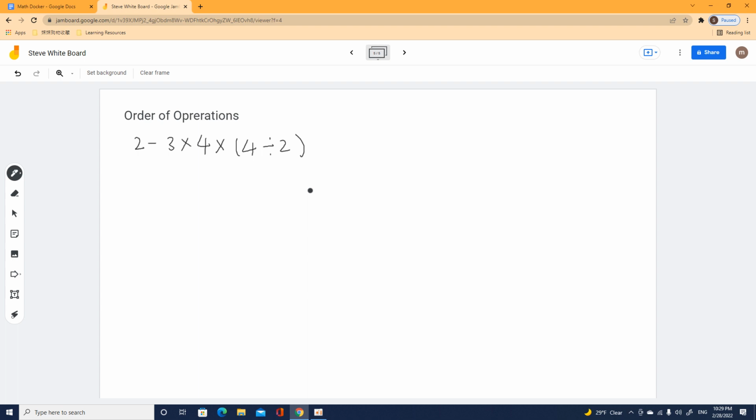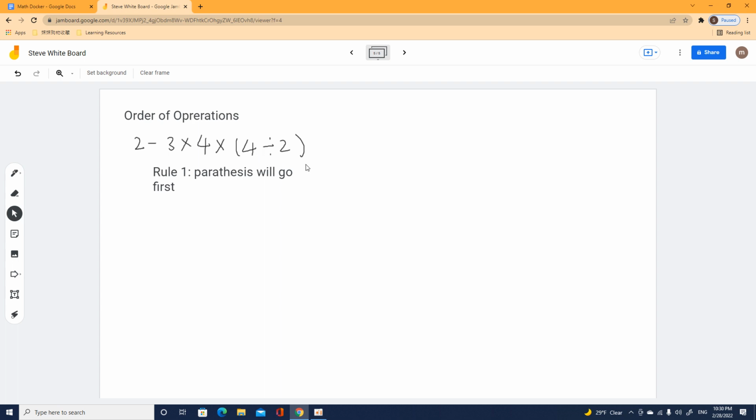In order to deal with this kind of problem, there are some rules we need to understand. Rule one, the parenthesis will go first.